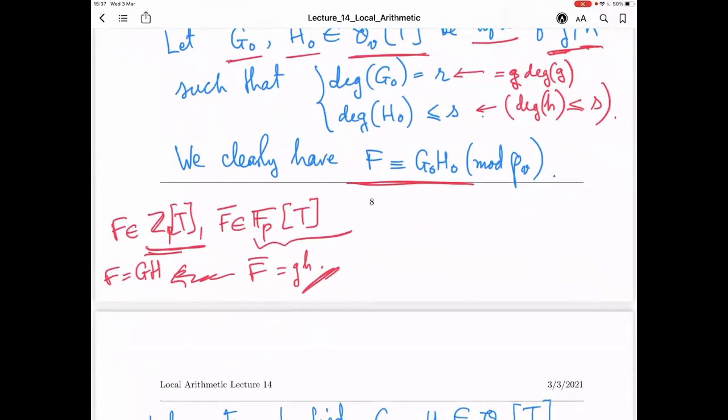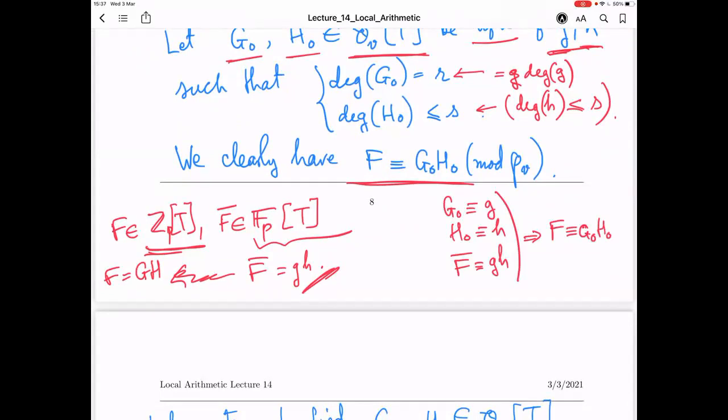That's because G naught is congruent to G, H naught is congruent to H, and F bar is congruent to G times H, right? So these obviously imply that F is congruent to G naught times H naught.